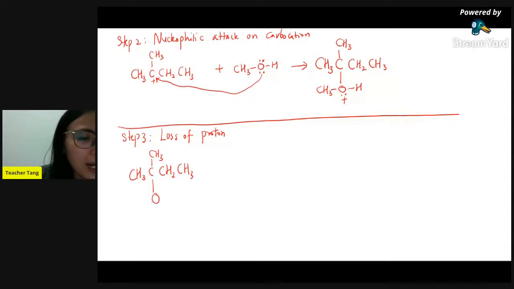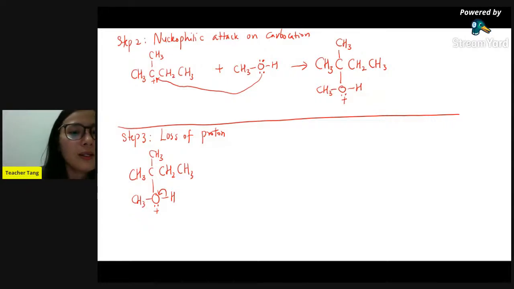To remove hydrogen means the bond between the oxygen and the hydrogen must break. So this bond must break heterolytically.